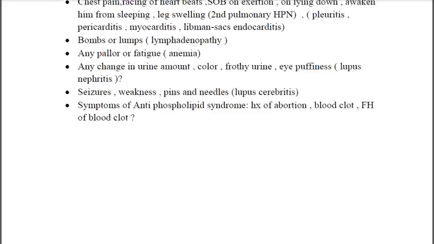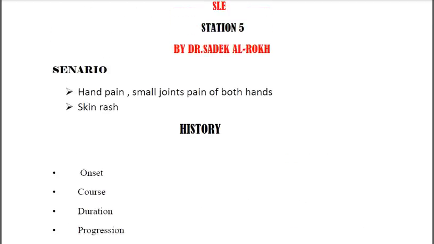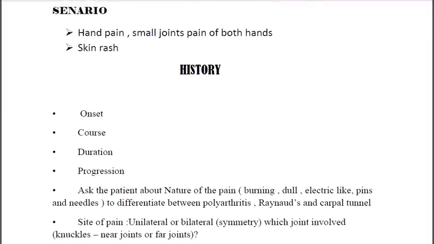Let's agree that for all the cases of polyarthropathy, whether rheumatoid arthritis or SLE or osteoarthritis or any joint pain at all, the approach will be the same.